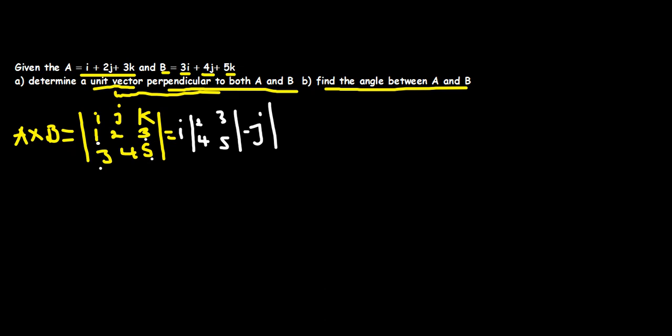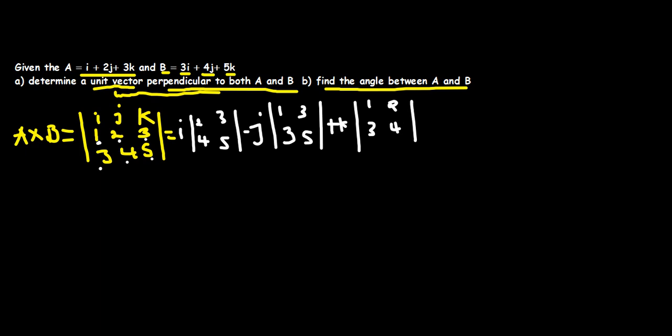And then plus k. If I cancel out the third column where the k is and the first row, I'm going to remain with 1, 3, 2 and 4. Okay, so this is what we have.